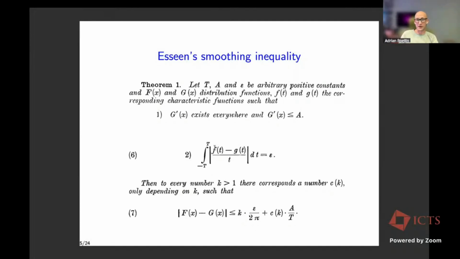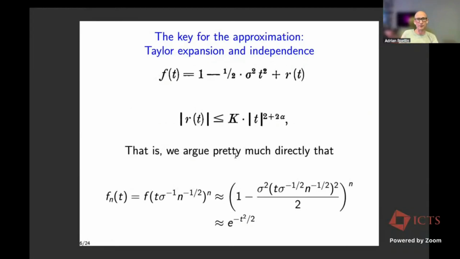But of course there's a price we have to pay, which is of the form order 1 over T. So there's a trade-off here. The larger we make T, the smaller this truncation error becomes, but then also the bigger this epsilon becomes. But this is the technical breakthrough that Esseen managed to do in the 1940s.